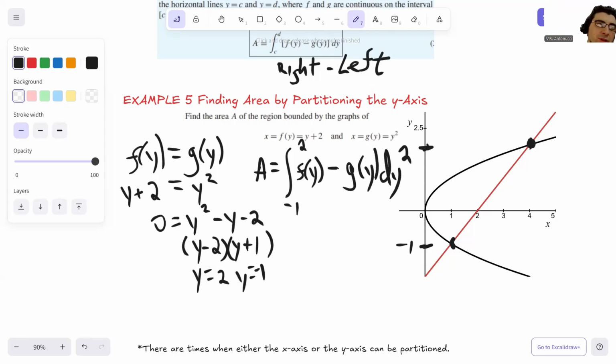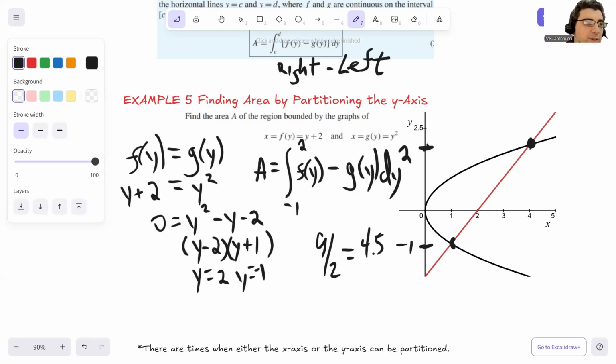Okay. Then you could anti-differentiate, plug in the 2, and then plug in the -1. And again, make sure you're plugging in the functions y plus 2 and y squared, not just x and x, because you're doing everything in terms of y here. For this one, the final answer would be 9/2 or 4.5 as a decimal there.